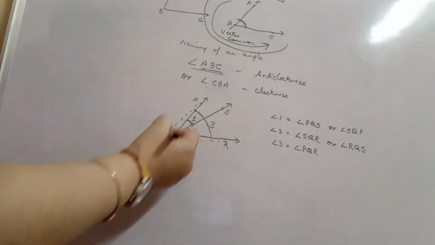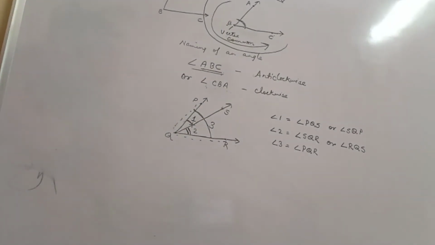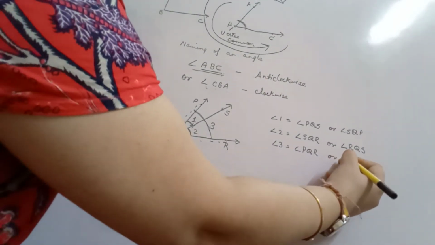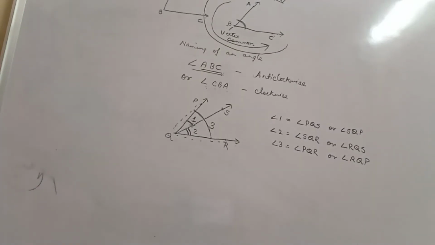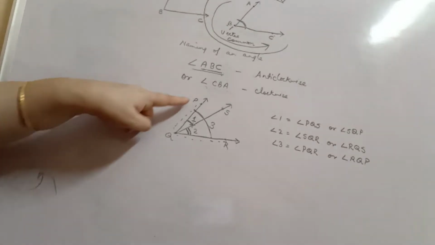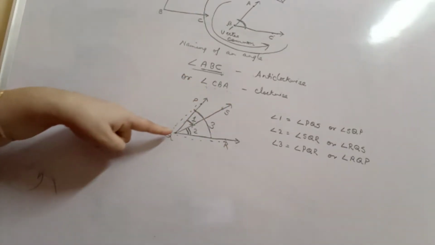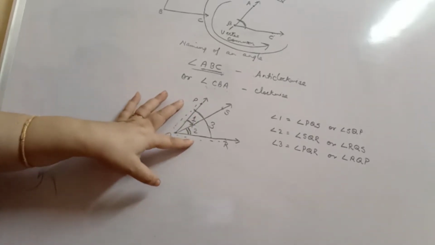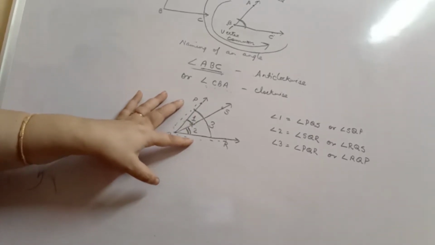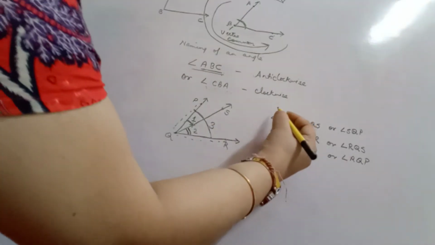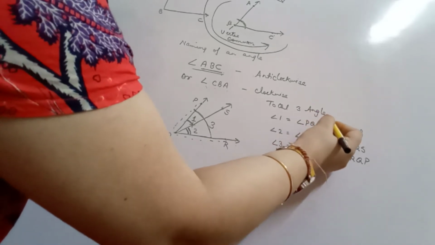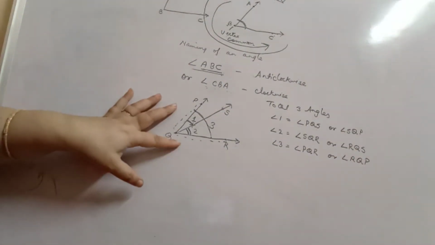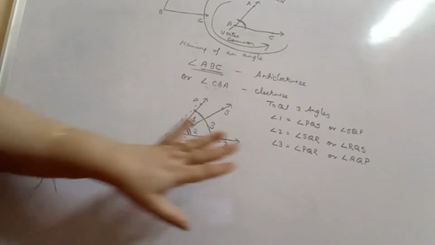And then comes the third angle, PQR, marked with a dotted line, or I can write it as RQP. So in this type of figure where you have a ray in between two rays, you will be having a total of 3 angles, and you can name them accordingly.